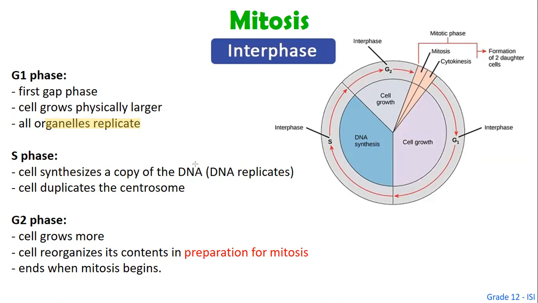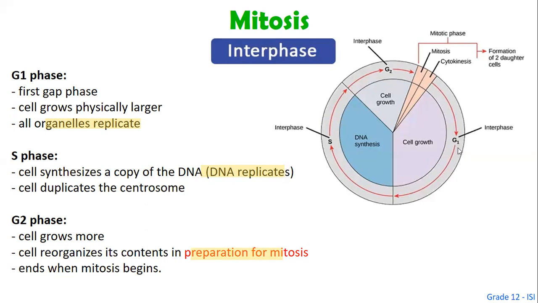During the S phase, it's the DNA that gets doubled, that gets replicated, synthesis phase. And G2, during G2, the cell makes sure that the DNA is replicated, and this phase is a preparation for mitosis. So interphase, 3 phases, one after another.